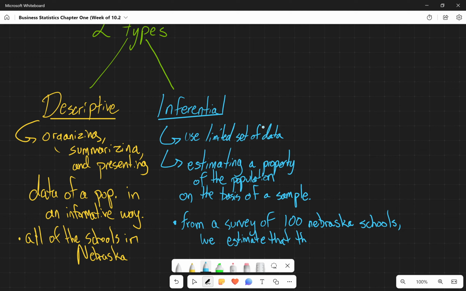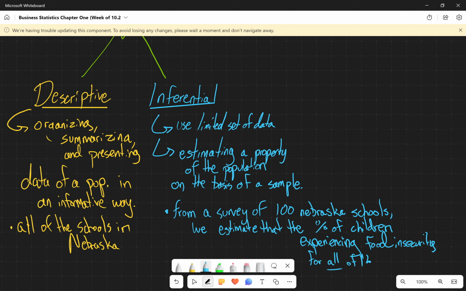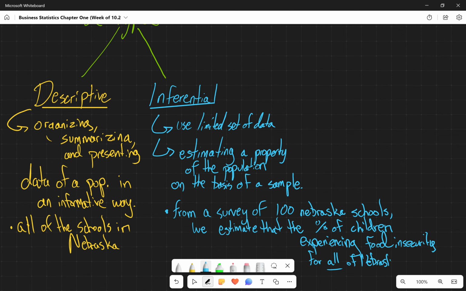that the percentage of children experiencing food insecurity or something like that for the whole population in Nebraska based on that sample, right?